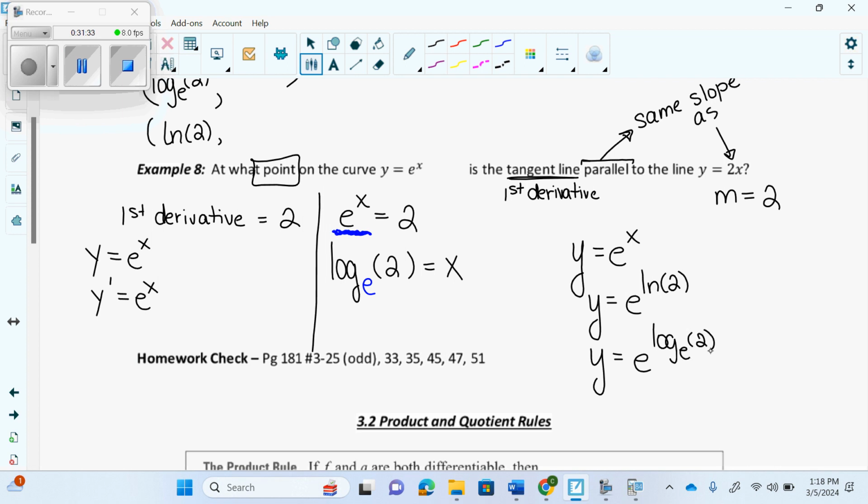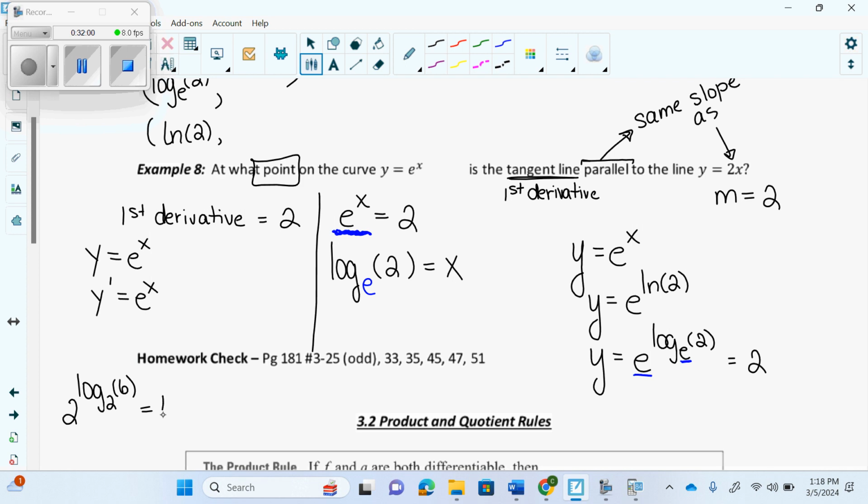Do you get what I'm saying? When the base of your exponent and the base of the log in the exponent are the same, your answer is just what's sitting beside the log. It's 2. For example, if I gave you 2 to the log base 2 of 6, what would my answer be?